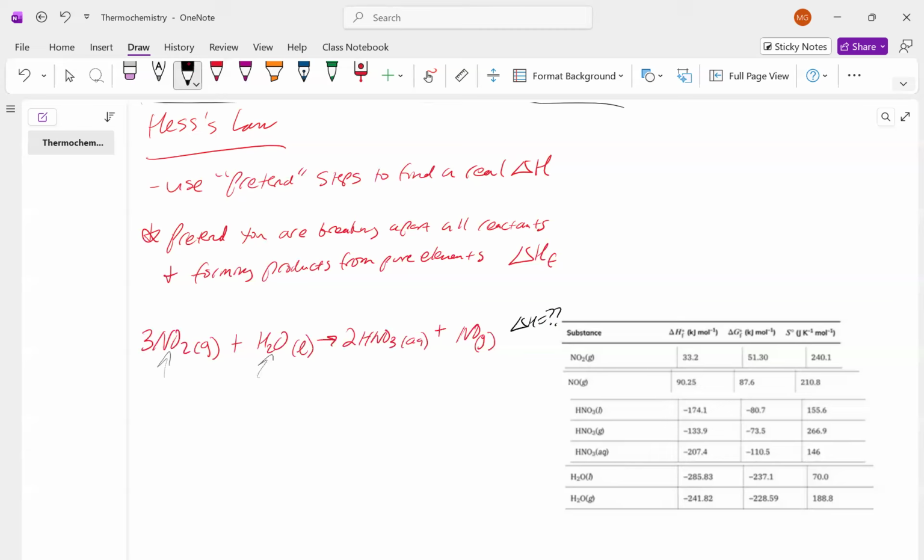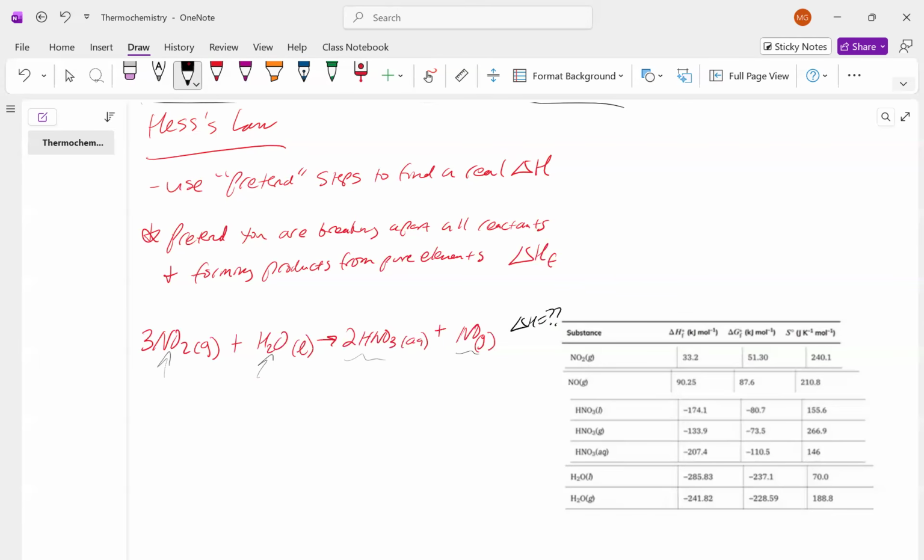We're going to break up water into its elements, and we're going to take all of those and react them to make our products. And by pretending, we get to use the delta H of formation for NO2, for water, for HNO3, and for NO. We get to look up on a table all of those values.